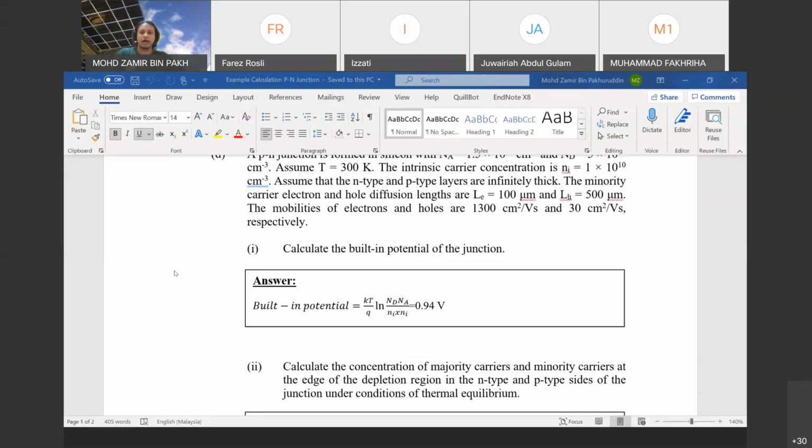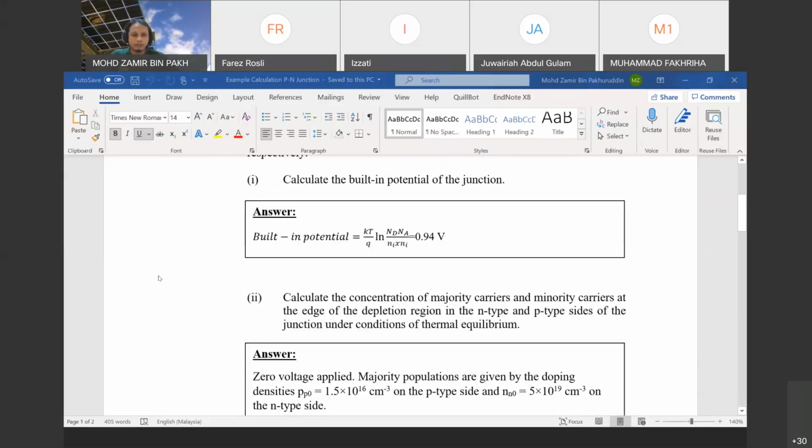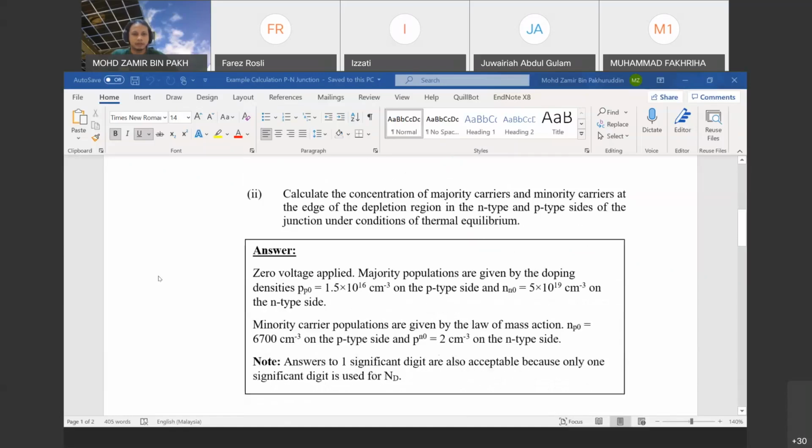Okay, so what do we get? Check this out. Zero voltage applied. Majority populations are given by the doping densities. Pp naught, kita belajar sebelum ni. Pp naught is approximately equal to Na at thermal equilibrium.